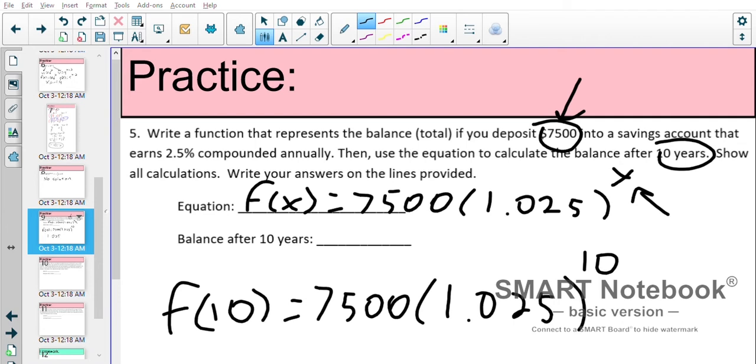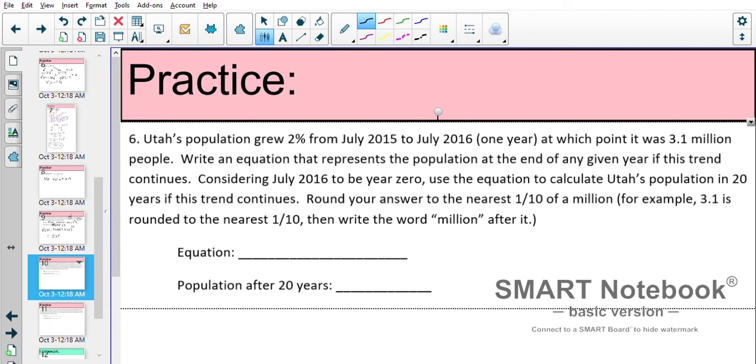We're going to round that to the nearest cent since we're using money, so that would be 63 cents. So $9,600 and 63 cents. Moving on to the next one.